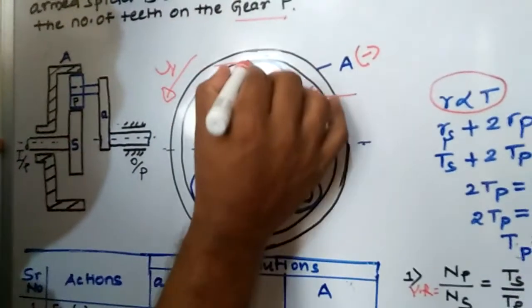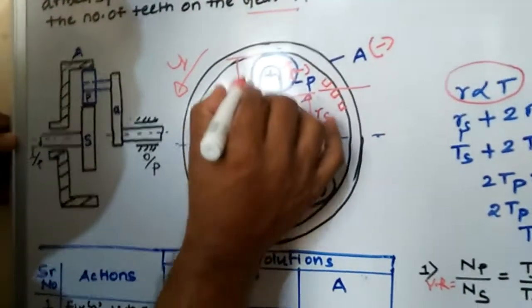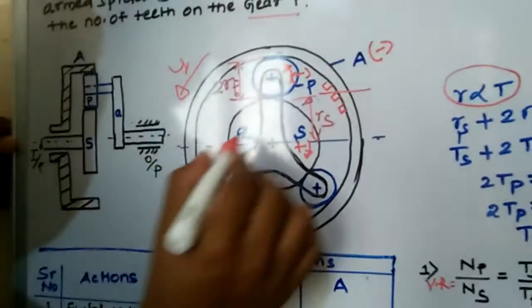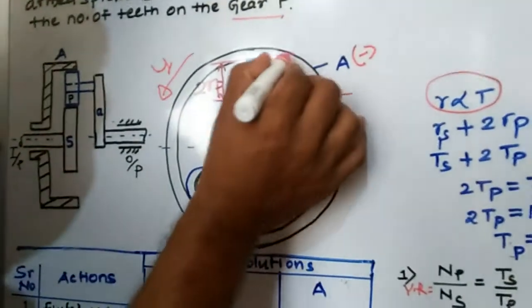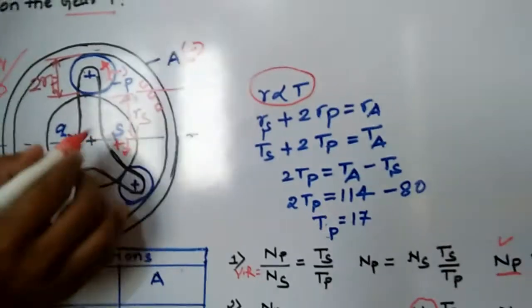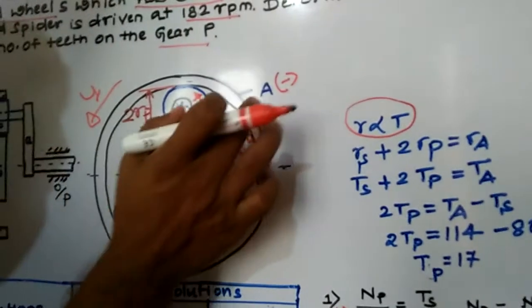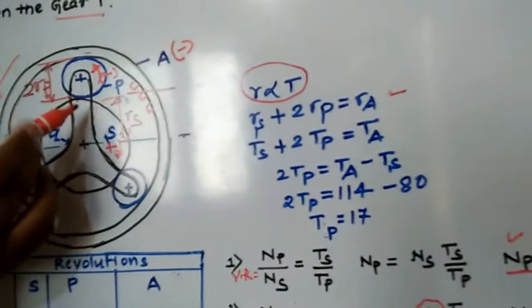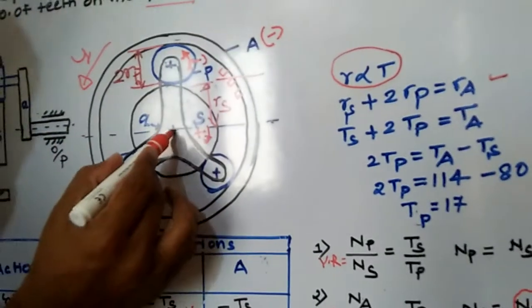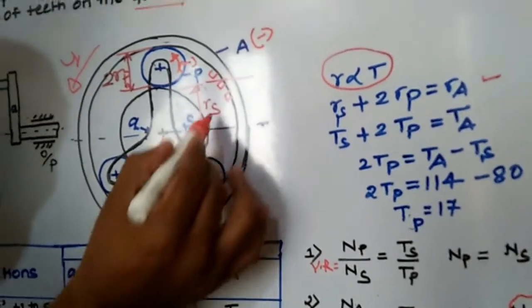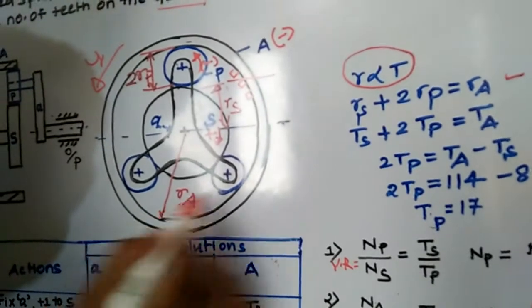For the planet gear I can take it as 2 rp. Then using this we can find the radius of the annulus gear. Look at the geometry of the figure. Rs plus 2 rp equal to Ra, the radius of the annulus gear.